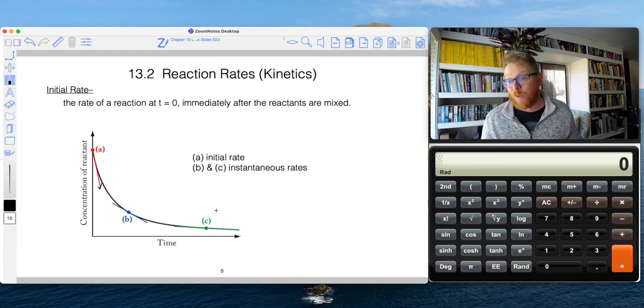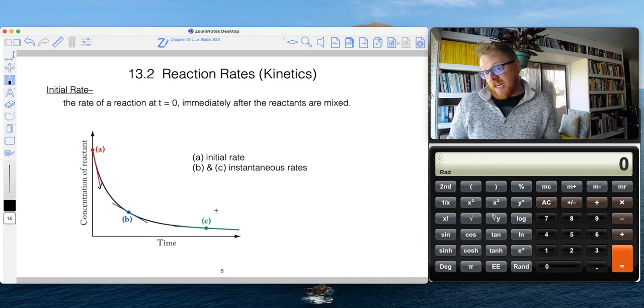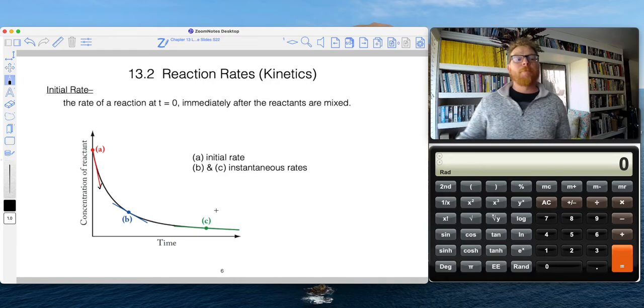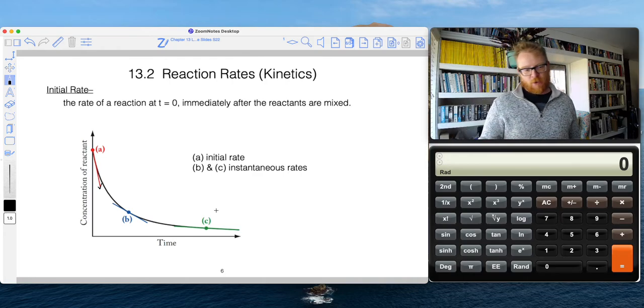So none of these will work, unfortunately. We could certainly do all these. We could calculate initial rates and average rates and instantaneous rates. But because they're going to be different across the whole time series, we need a better metric, or we need a different way to quantify our reaction rates.